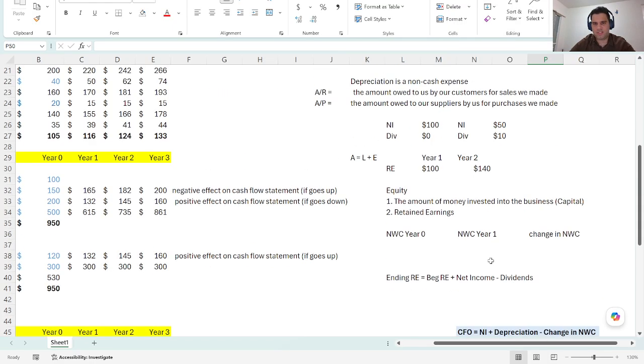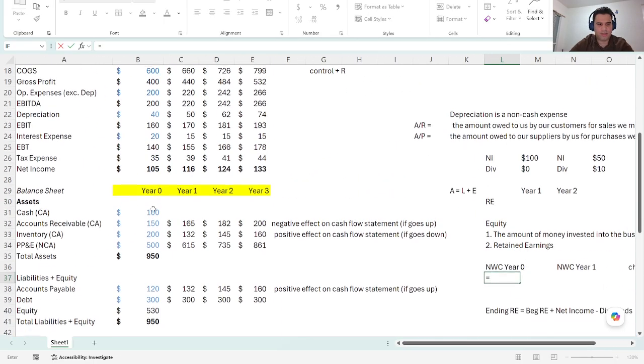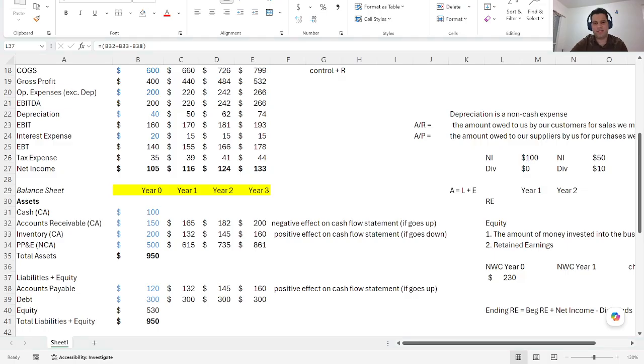Okay, so let's calculate our net working capital for year zero. So net working capital for year zero would be our accounts receivable, and I'm going to put this in brackets. It's going to be accounts receivable plus inventory minus accounts payable. Okay, that's how we calculate net working capital.